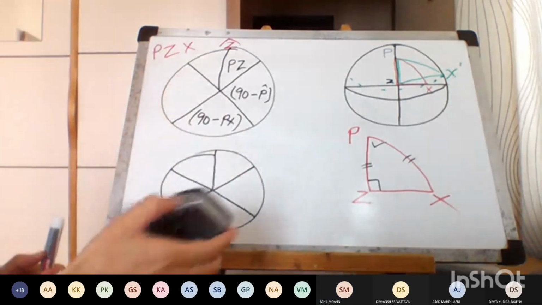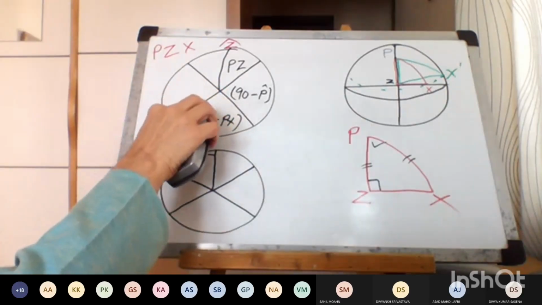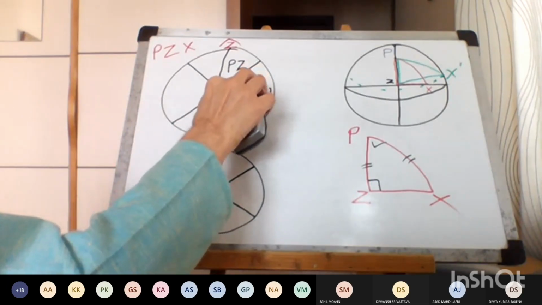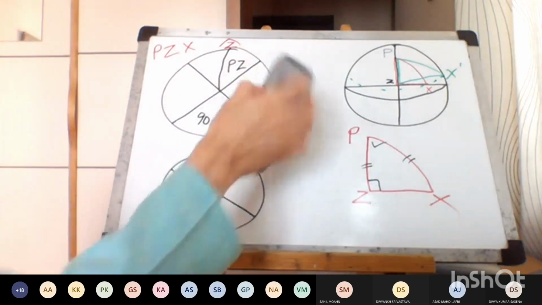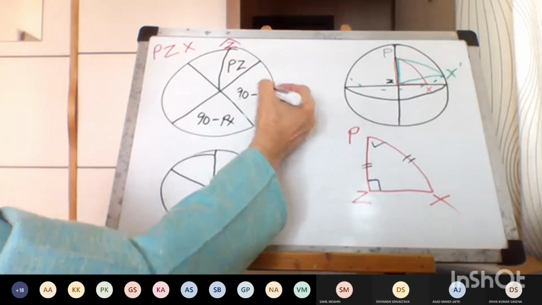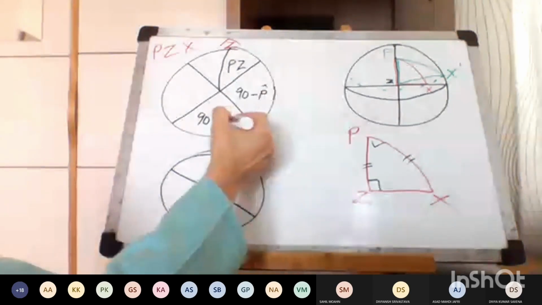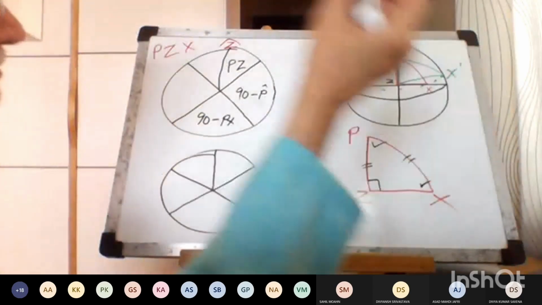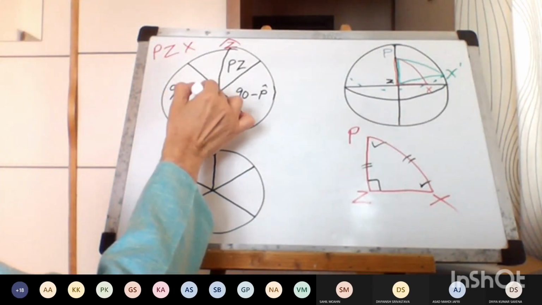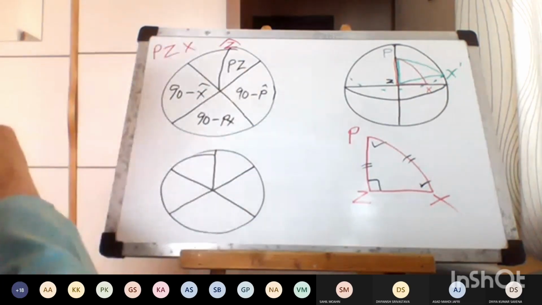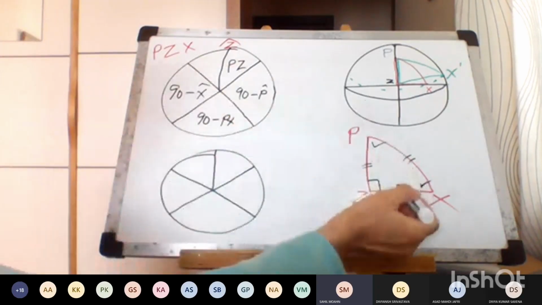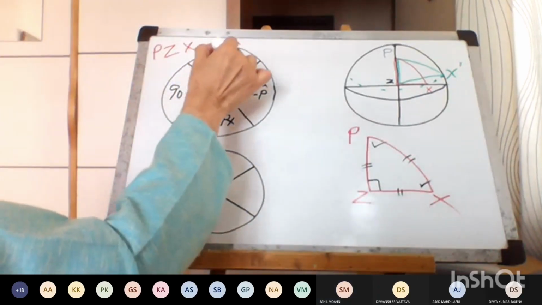Let's remove the bracket, the small figure will confuse you. 90 minus angle P over here. After 90 minus PX, angle X, 90 minus angle X. After that, side ZX.